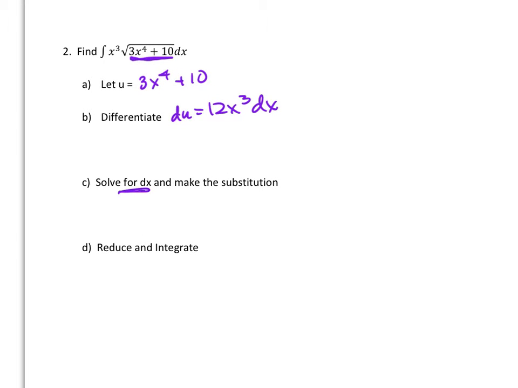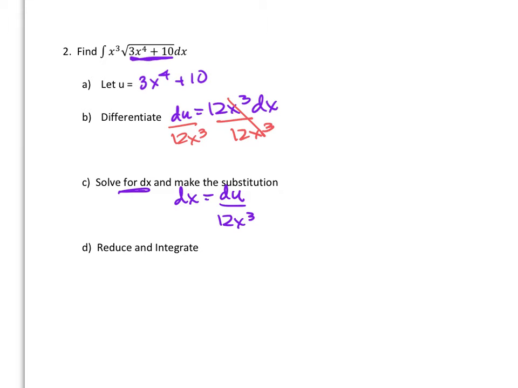The next thing we want to do is solve for that dx. So this is where we are isolating it by dividing, and that goes away. So we end up with dx is equal to du over 12x cubed.